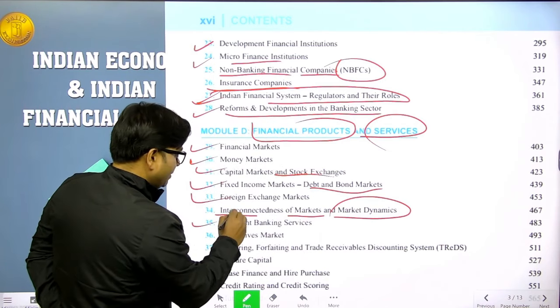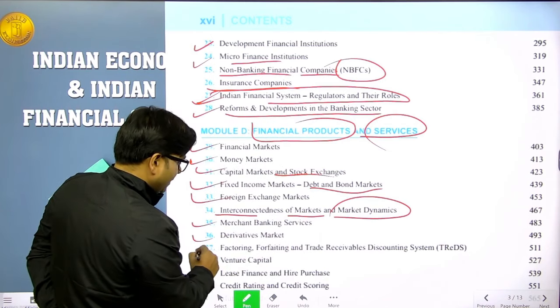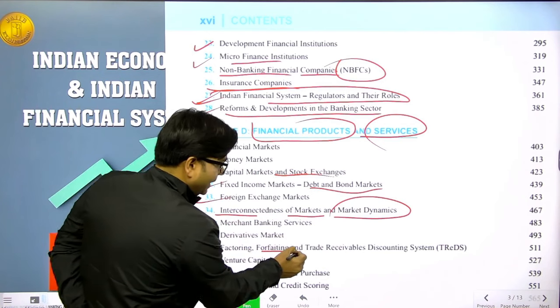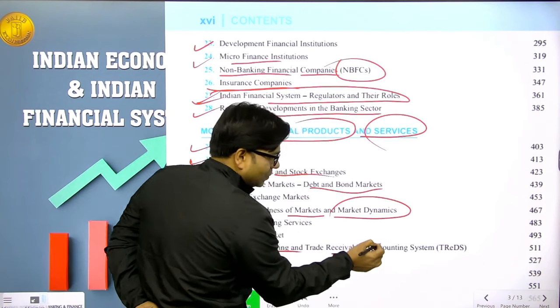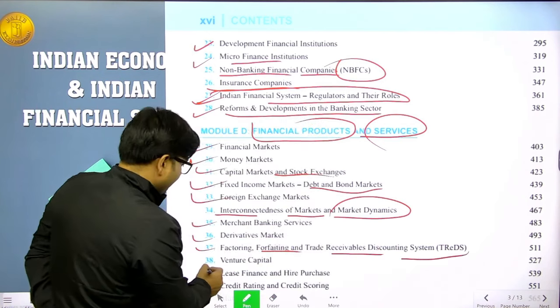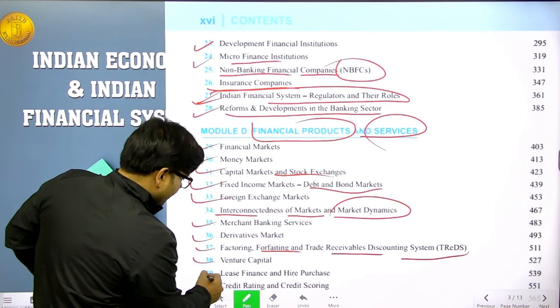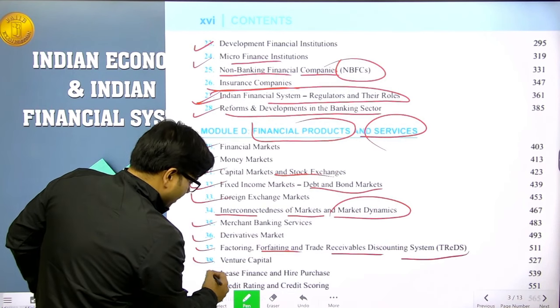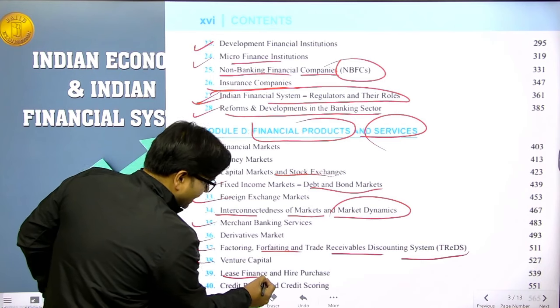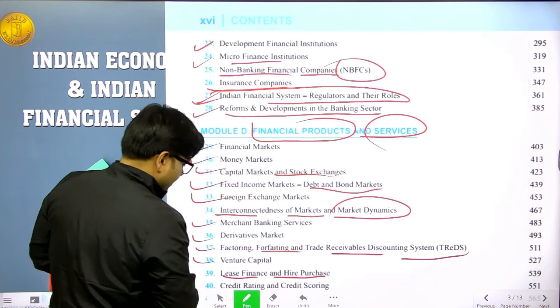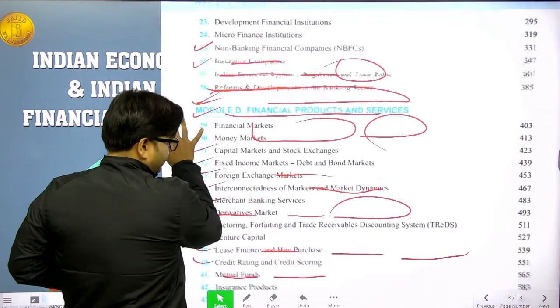Remember, merchant banking, derivatives market, factoring and forfeiting and trade receivable discounting system, and venture capital, lease finance and hire purchase. And what else?